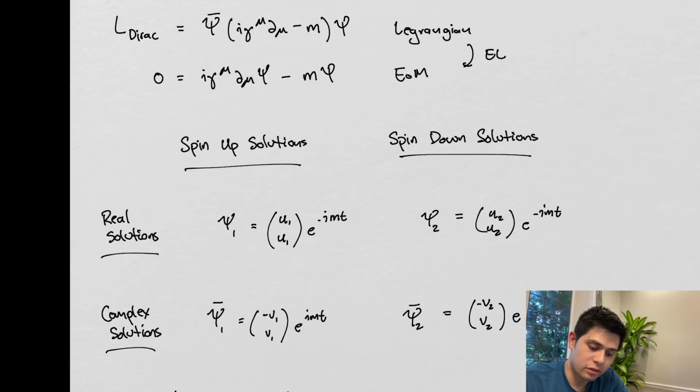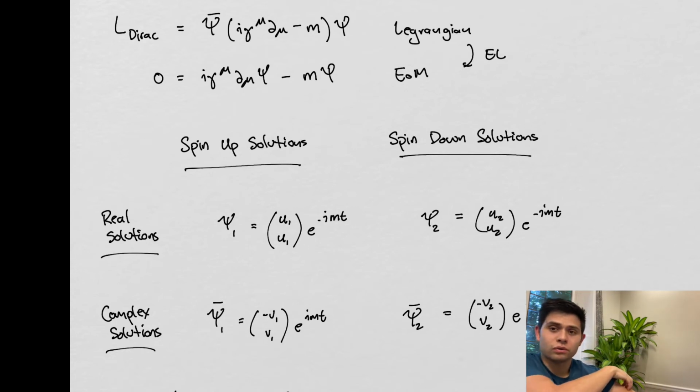Because these are vectors of some sort, they have components, and these gamma matrices, which are 4 by 4, act on this 4 by 1. Well, not to a number, but you can see how it's going to work out.